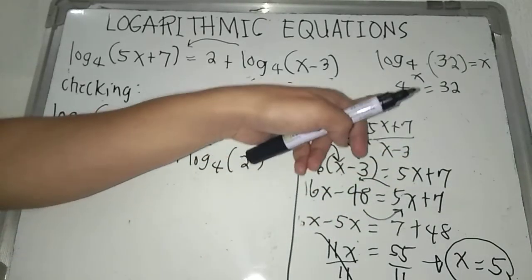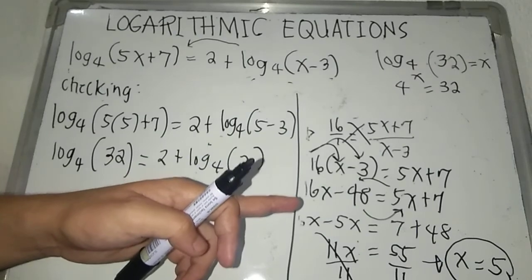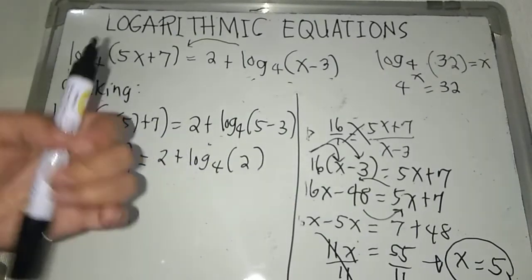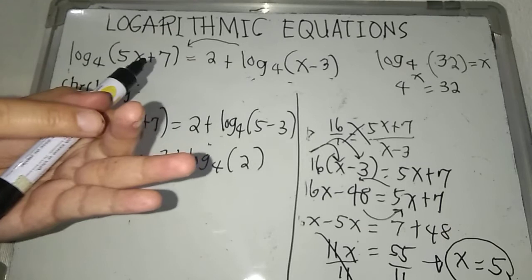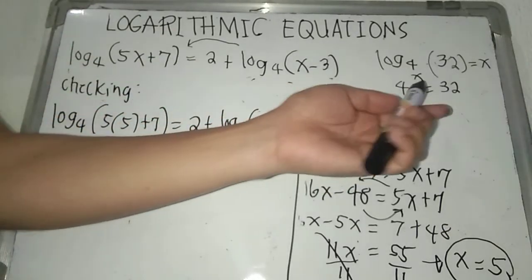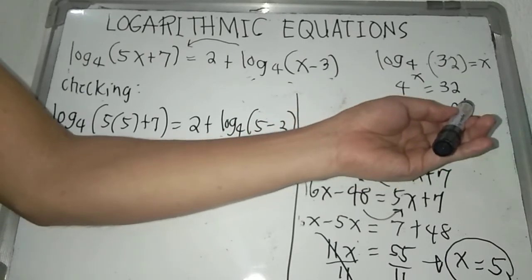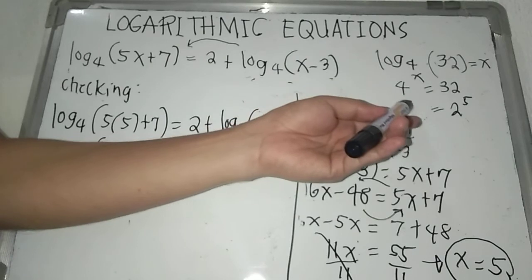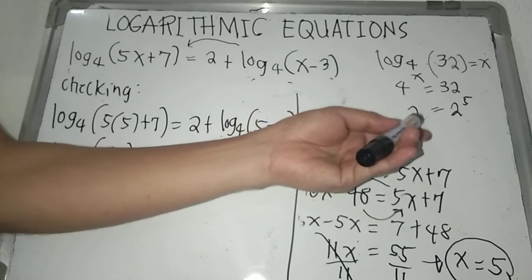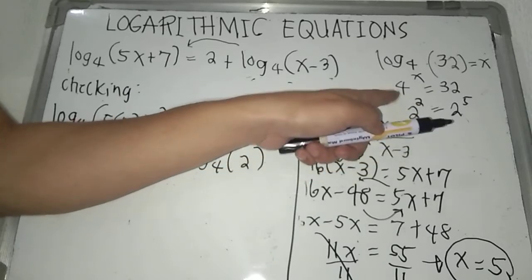Now, according to exponential equation, 32 can be written as 2 raised to the power of 5, because 2 times 2 is 4, times 2 is 8, times 2 is 16, times 2 is 32. But 4 can be written as 2 squared, because 2 squared is just 4.